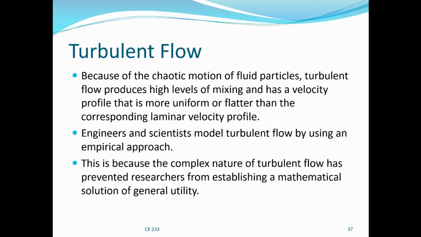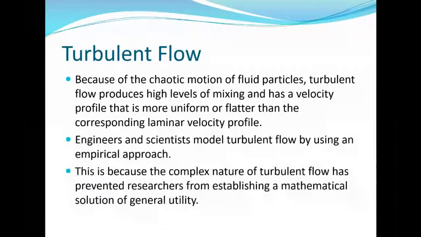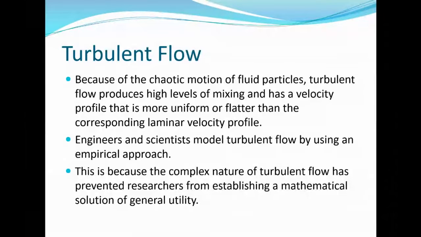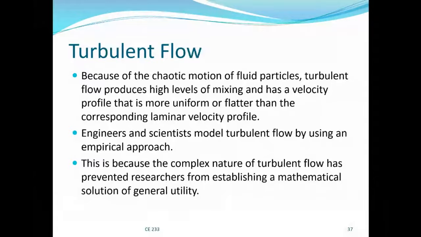Now we are done with laminar flow. What we did, we expressed the stress distribution in laminar flow, we expressed the head loss formula for laminar flow, and explained how the velocity varies in laminar flow, the velocity profile. So now we will look at turbulent flow. For turbulent flow, we know that the movement is chaotic.